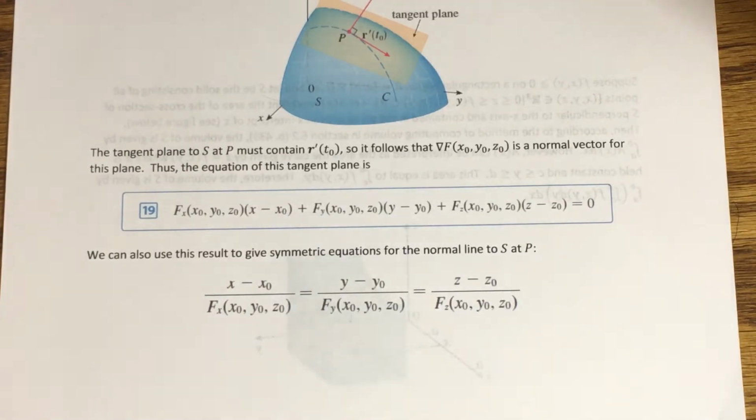Remember also that we talked about normal lines to a plane, which is a line that passes through a given point and is orthogonal to that plane.